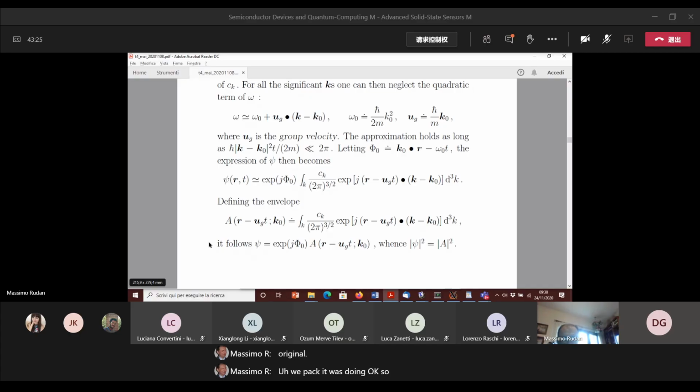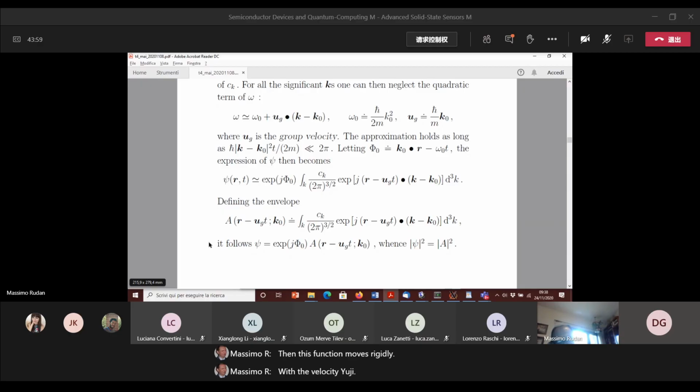So how is the motion of the envelope function in space? Well, the envelope function depends on an argument that is r minus ug t. And you remember from elementary physics that if you have a function that depends on position and space in this form, then this function moves rigidly with the velocity ug.